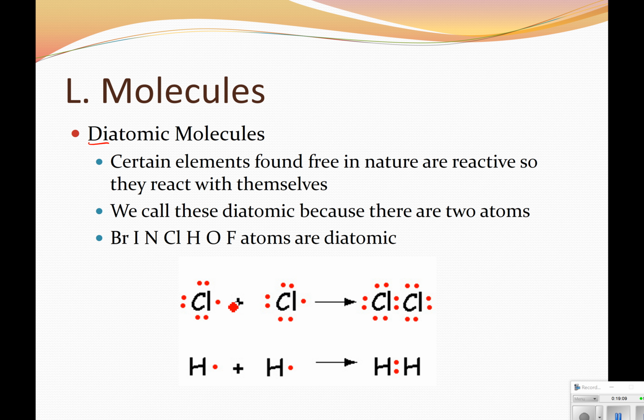So a chlorine, when coming across another chlorine, will try and bond at an open spot here, looking at our Lewis dot diagram, and become a Cl2 molecule. And we have a covalent bond in the middle. Same with the hydrogen. Looking to fill its valence shell of 2 electrons. These come together, and we end up with a bond between the 2 and a molecule of H2.